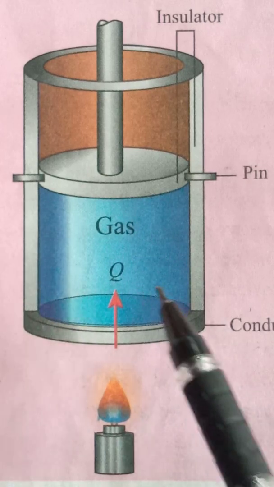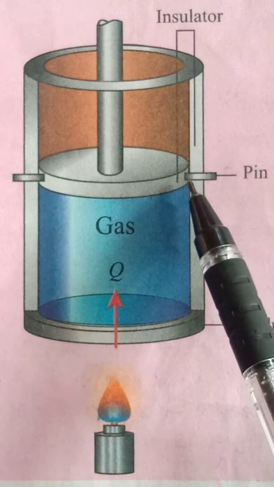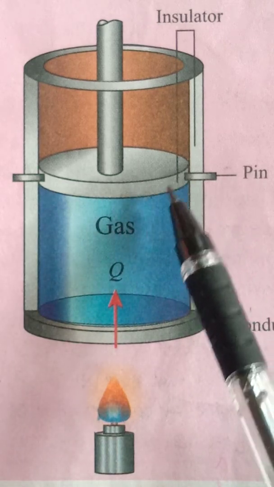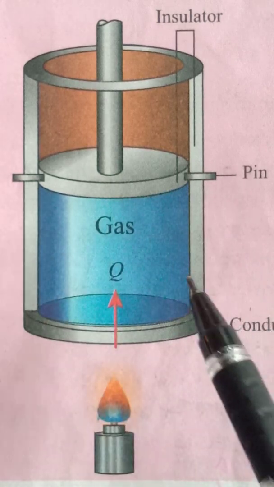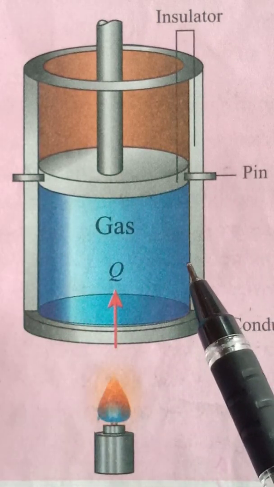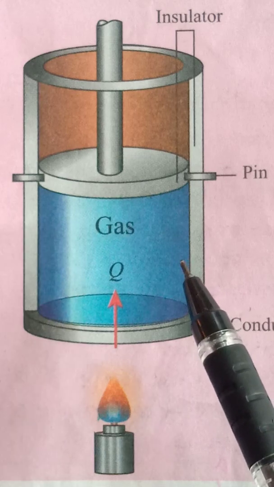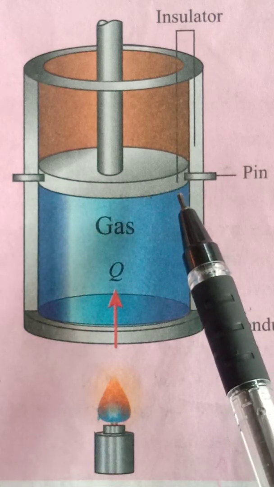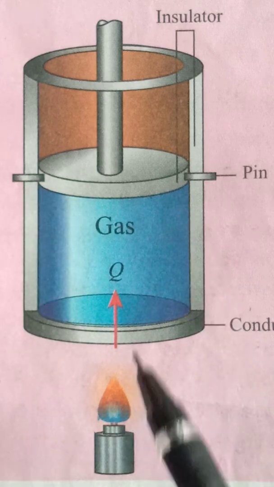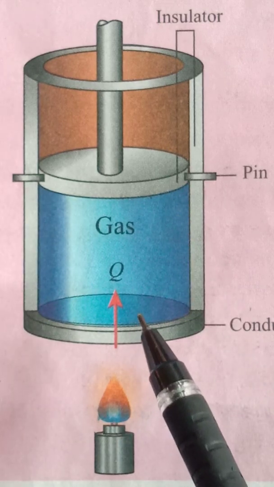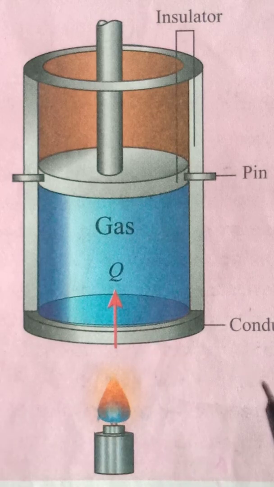Clear? Constant volume means the pin is attached with the cylinder, so it won't move up and down. This is the meaning of the constant volume condition. Here there is no work done because the piston remains the same. There is no work done, so the heat given is used only for the internal energy increase in the gas, that's all.